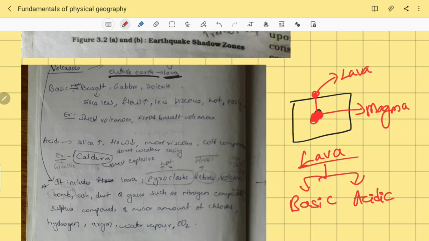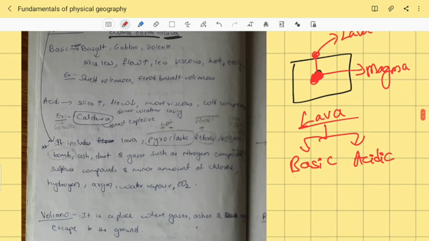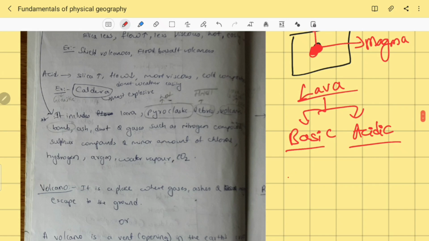So how do you differentiate basic lava from acidic lava? There are mainly 2-3 things. First one is silica content. The next one is the flow of the lava, and viscosity. Viscous means how easily it can move.